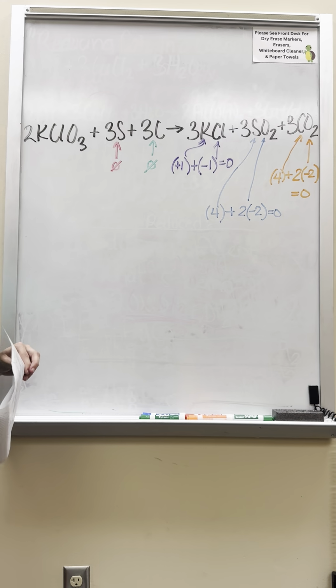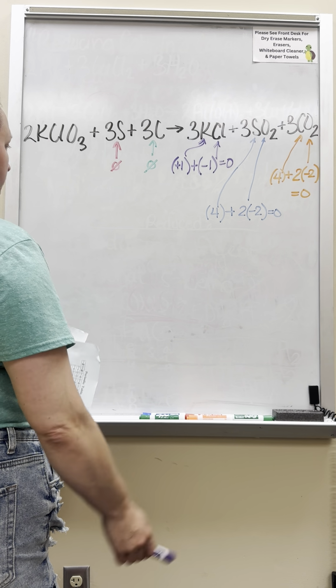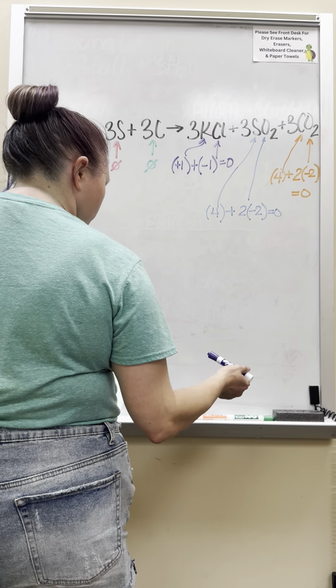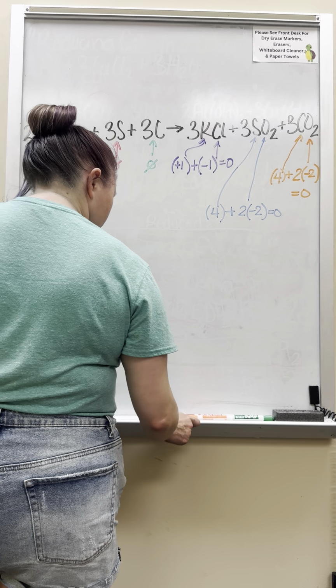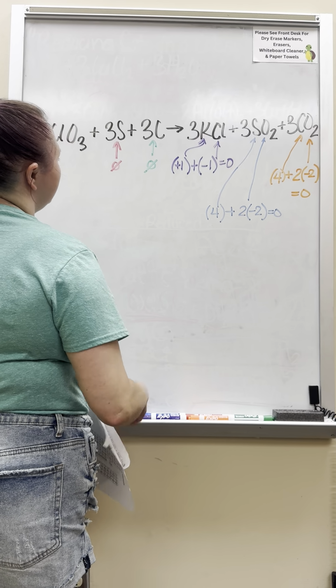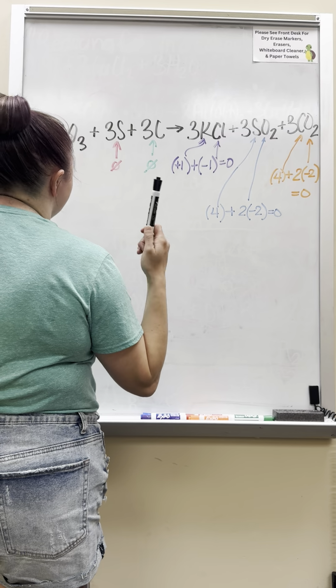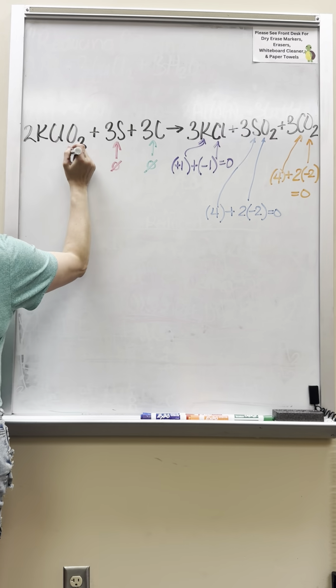What the heck? Oh, purple. Purple. How many colors do I have here? 1, 2, 3, 4, 5. 1, 2, 3, 4, 5. I guess black is 6. We'll do this in black. Okay.